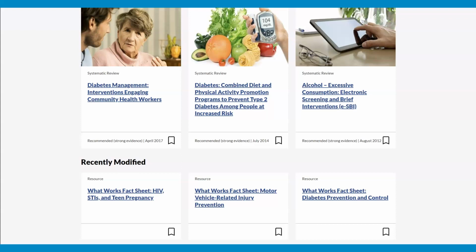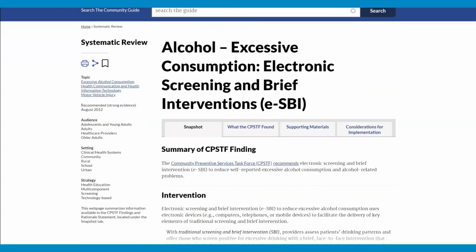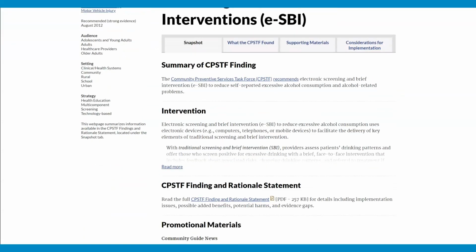For instance, there's one from 2012, but the recommendation, there's strong evidence according to the evidence level that I had introduced already. And talking about excessive consumption of alcohol and electronic screening and brief intervention right there in an electronic tool.